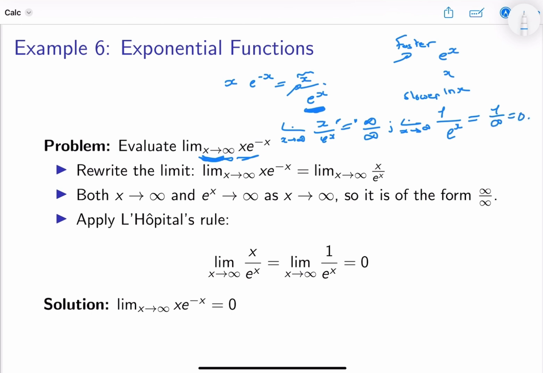Just as we expected, the limit of this thing is 0 because e^x is faster than x. So this is also an important limit to keep in mind.